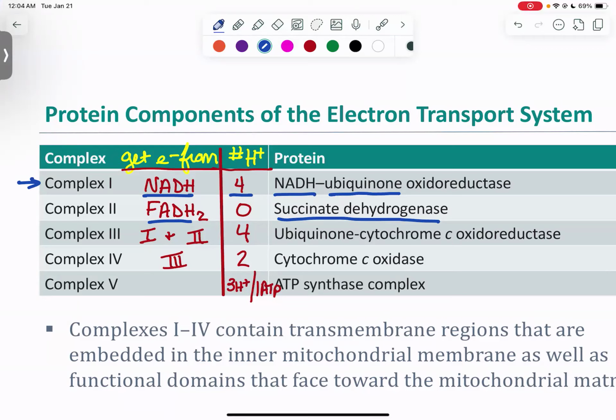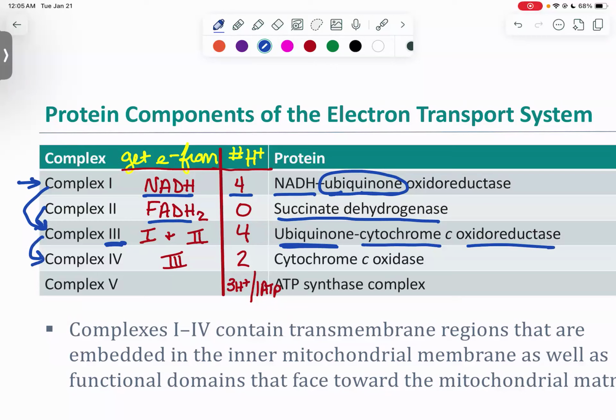Then the electrons come from 2 and come from 1 and get dropped off at 3. So it's the ubiquinone that carries those electrons from complex 1, and then we're going to send it to cytochrome C. And so that's why we have the names. The names tell you the pathway. And we have oxidation reduction reactions again.